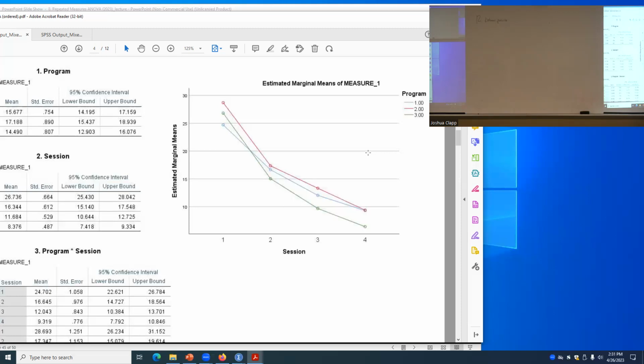Maybe there's a difference between whether session 3 and session 4 are different from each other, or if session 2 is different from session 3 and 4. Yeah, some contrast. Absolutely. If I had specific hypotheses, I could look at within-group stuff, right? So for each individual group, I've got 1, 2, 3, 4, 5, 6.